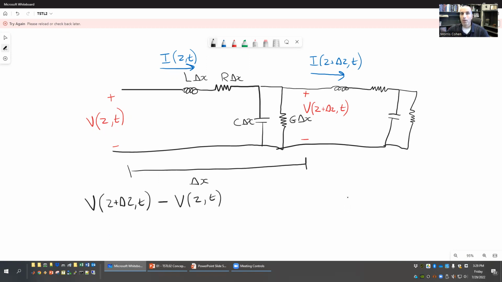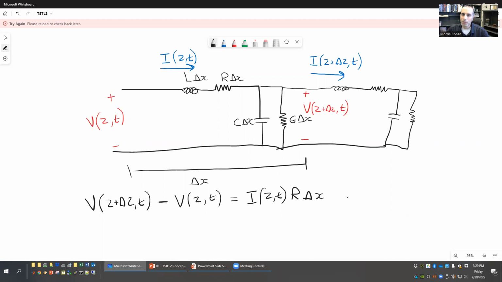If that's the case, we know that these are equal to each other, and so this must be equal to 0. However, if there is current running through this branch, this I of Z,t, it's running through this resistor and it's running through this inductor. And so we actually know that there's a non-zero difference between the two. So this is going to be I at Z at time t times R times delta x.